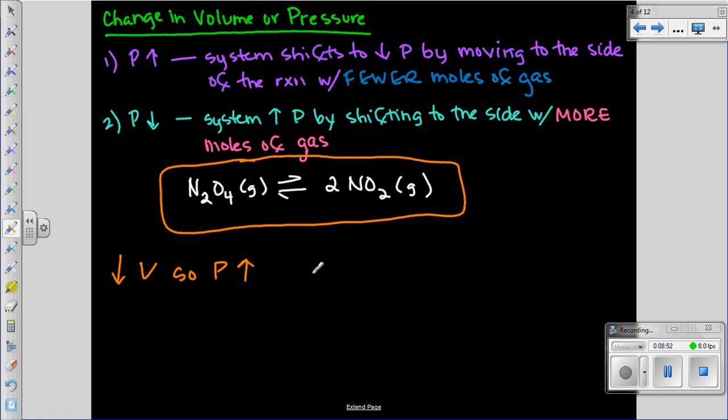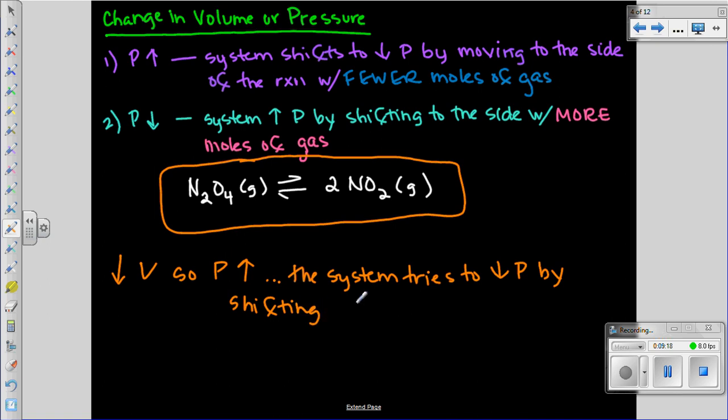Because pressure increases, the system tries to decrease pressure by shifting to the side of the reaction with more moles of gas.